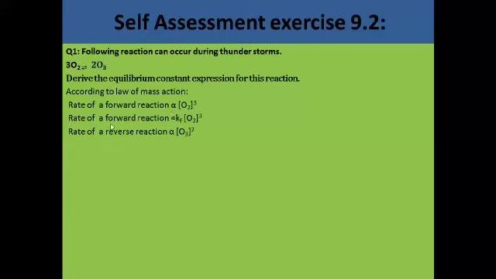The rate of reverse reaction is proportional to the active mass of the product. The active mass of the product is the ozone molecule, O3, raised to the power of its coefficient in the balanced chemical equation. The coefficient of ozone is 2, or the number of moles of ozone is 2. The number of moles of oxygen molecules is 3.